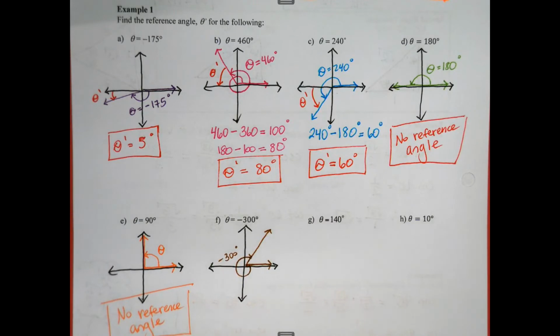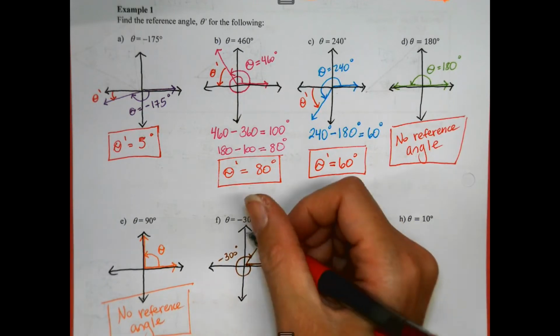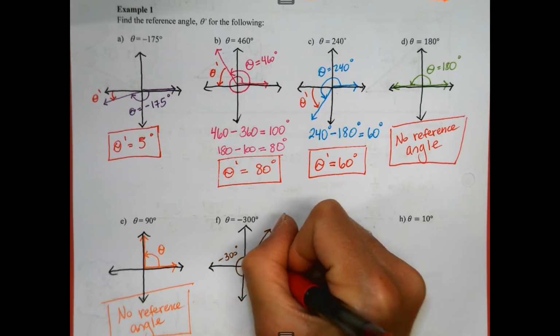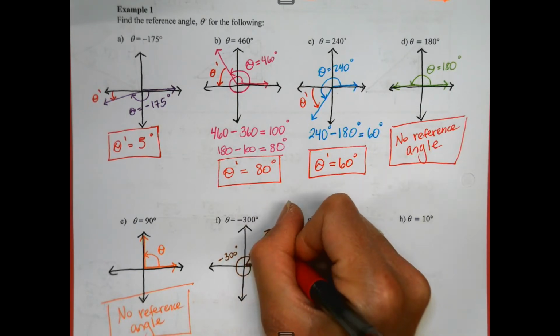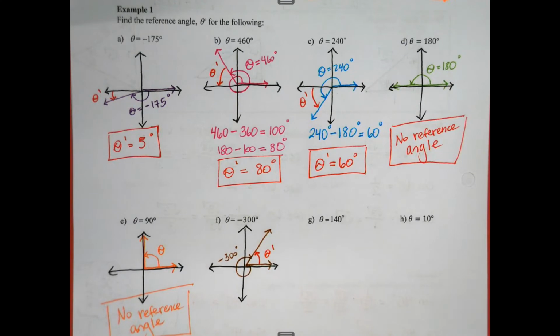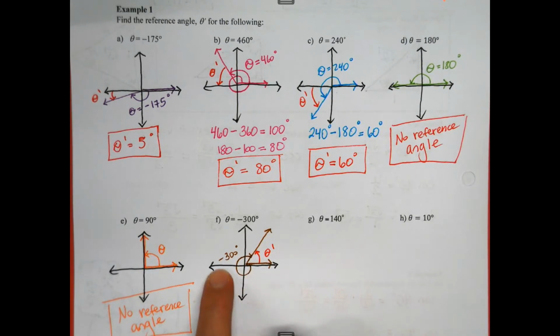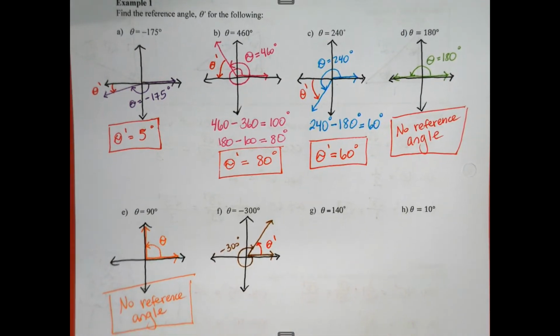And our reference angle is going to be the distance we are away from that x-axis. We want to know how far we have to get to that x-axis. If we've gone 300 degrees, that means we have 60 more degrees to go.